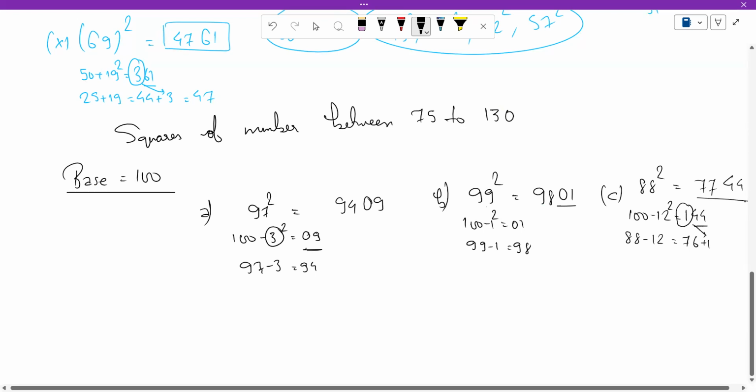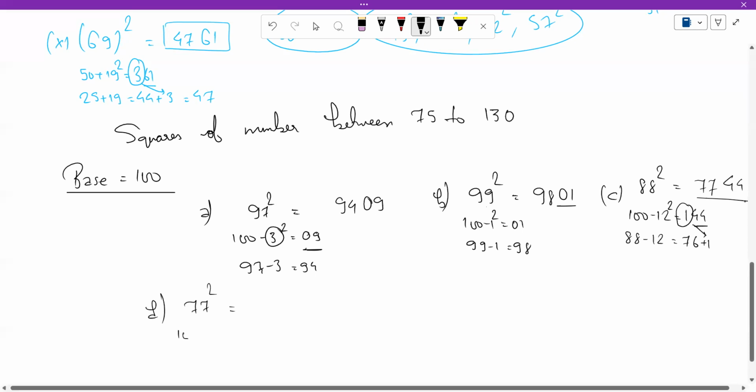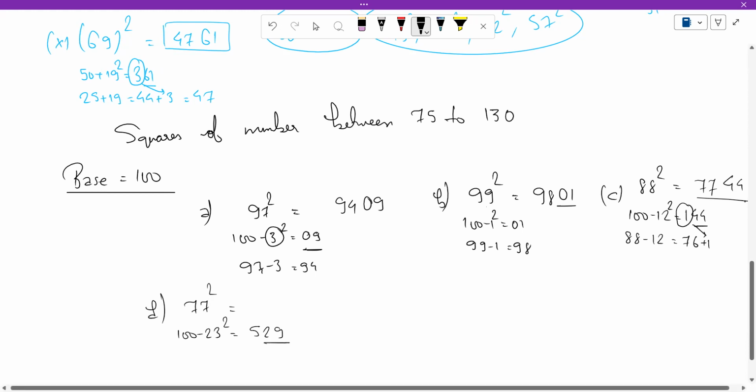Okay, let's take one more example. I'll take a long one. Suppose I have to find the square of 77. So what I'll do now? It is 100 minus 23. Correct. So what is 23 square? It is 529. I'll take the 29 from here, and this 5 will carry over.